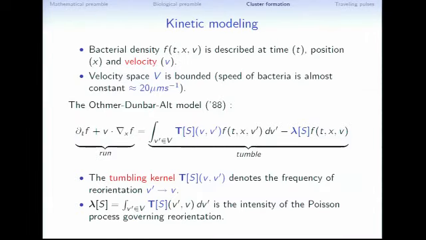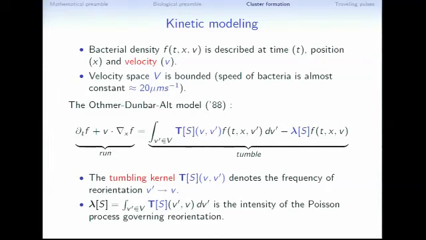So I would like to recall the kinetic modeling that Nicolaos has already presented before, although it will be in a different context because this is devoted to bacterial populations. The bacterial density is described by a density in time, position, and velocity. So you have one more level of description than Keller-Segel.